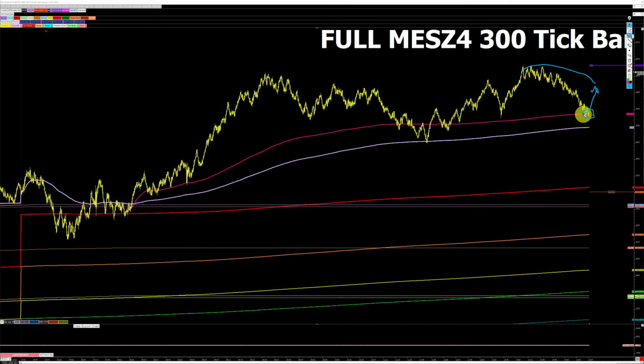If we lose developing, it brings us back to the 0-day back where we had buyers. Think of buyers as a lack of sellers or a lack of sellers as buyers. So we didn't have selling that took it down below, which is the same as having buyers, and that went up to go on and print a new all-time high.